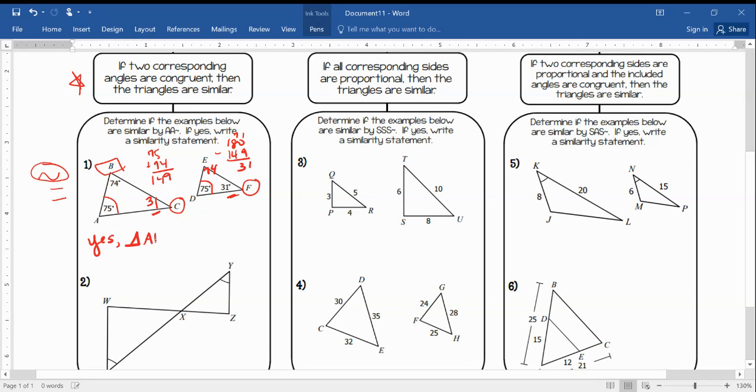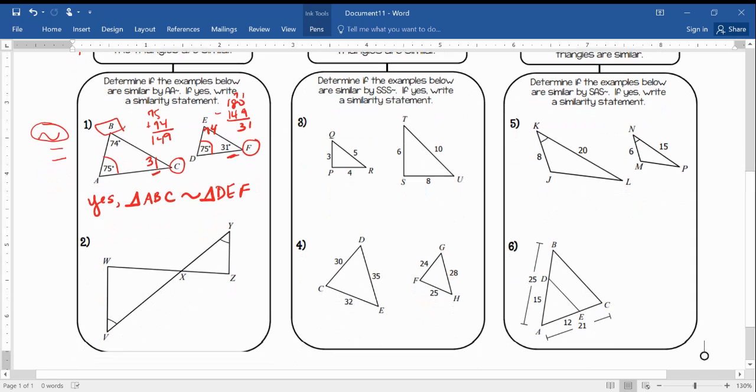ABC is similar, here's the symbol, and then let's pick corresponding angles for the first triangle to match up with the second. So what corresponds to A? D. That's right, so D. And then we did B second here, so B corresponds to E, and then C corresponds to F. Okay, so those triangles are similar. So we showed that by making sure that at least a pair of those corresponding angles was congruent.